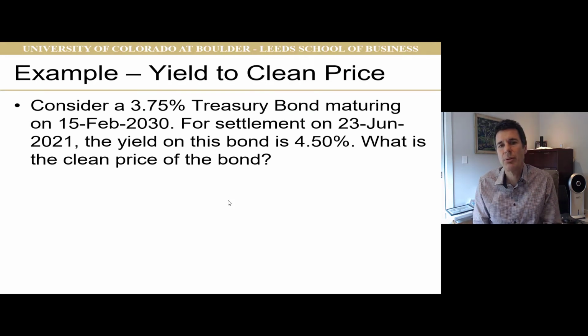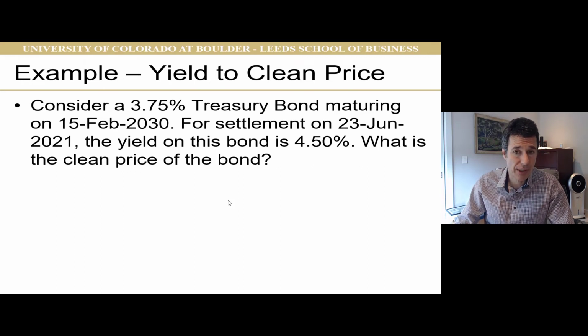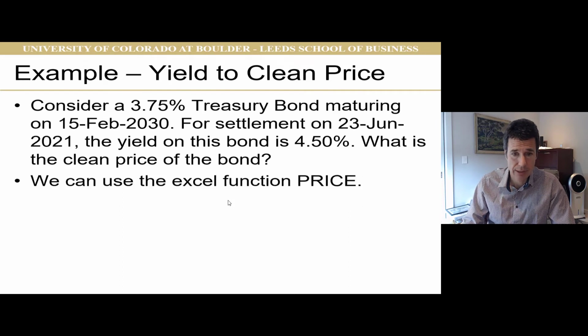If we consider a 3.75% coupon treasury bond maturing on the 15th of February 2030, for settlement, 23rd of June 2021, the yield is 4.5%. If we want to find the clean price, this is straightforward. We use the Excel function price.